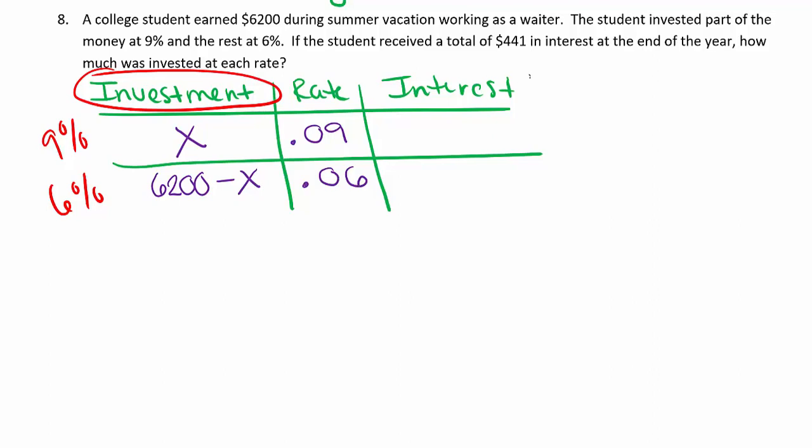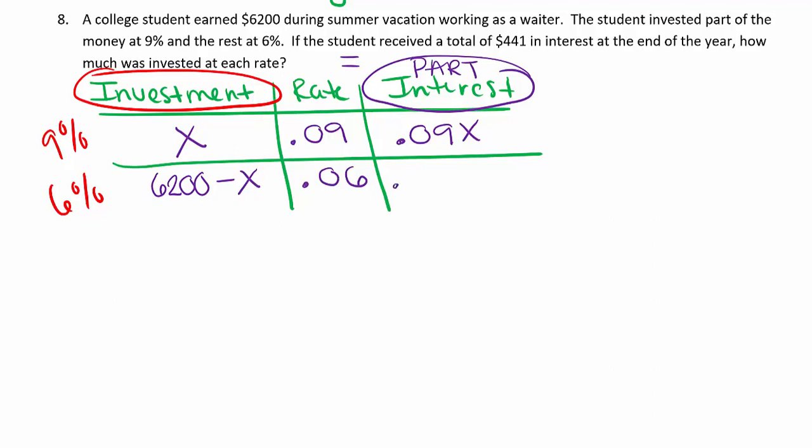Now the interest is going to be the interest rate times the amount invested. The interest is 9% of X, which we can write as 0.09 times X. Technically, the interest is the part, and we're taking the percent times the total to get that part.